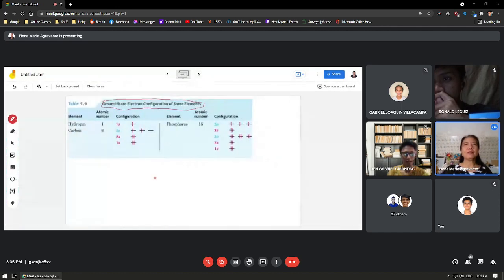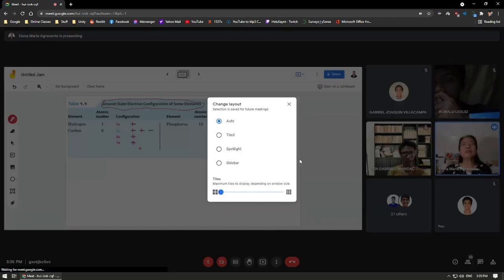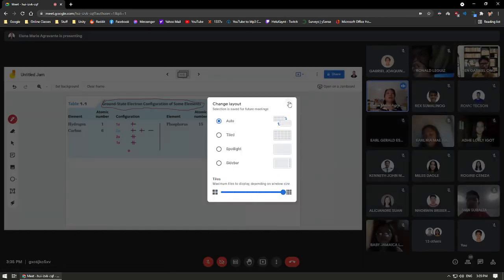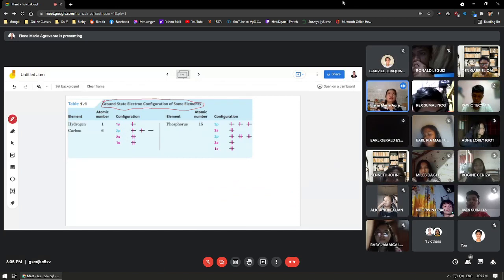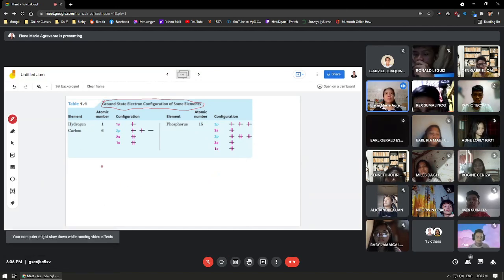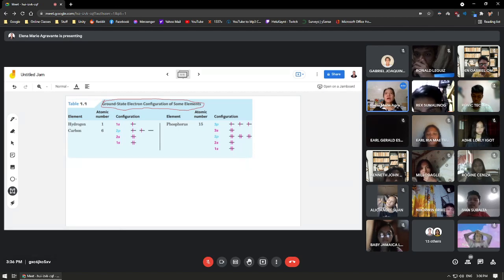Now, in here, you will notice another way of presenting the electronic configuration of hydrogen, carbon, and in here you have phosphorus.